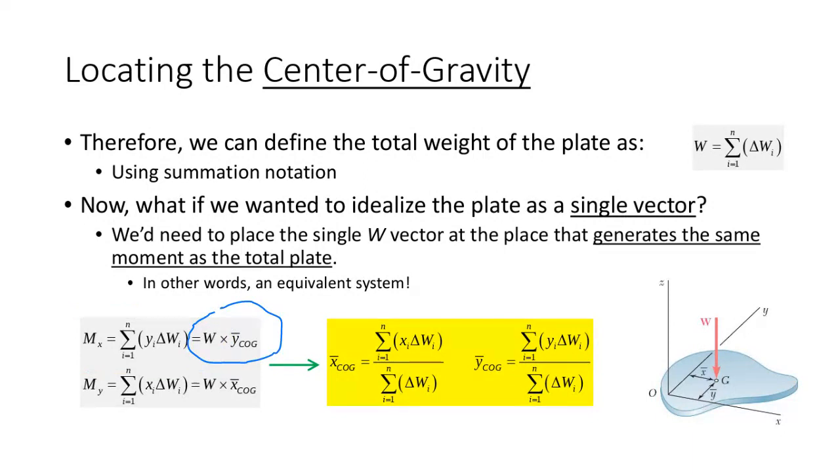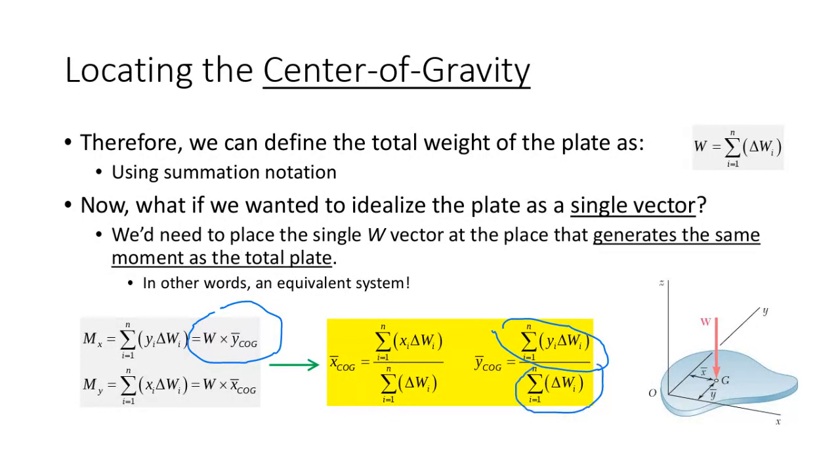We'll call it y bar. Well, the answer is yes. I solve for y bar. If I take the sum of y times delta W divided by the weight, which is the sum of your delta W's, I get y bar.